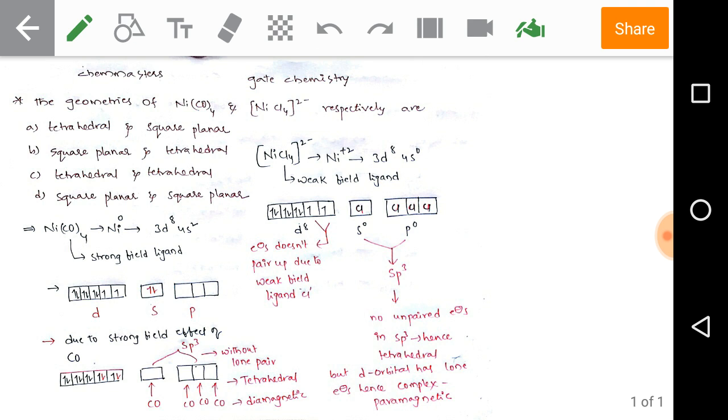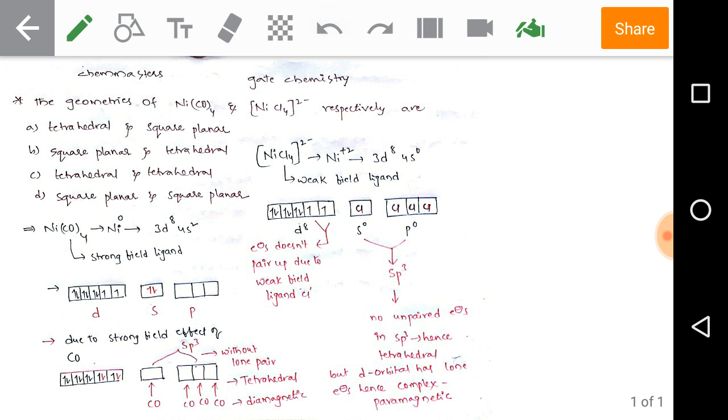With sp3 hybridization and without unpaired electrons, the structure is tetrahedral. The d orbital is completely filled with paired electrons. Hence the nickel tetracarbonyl complex is considered diamagnetic.